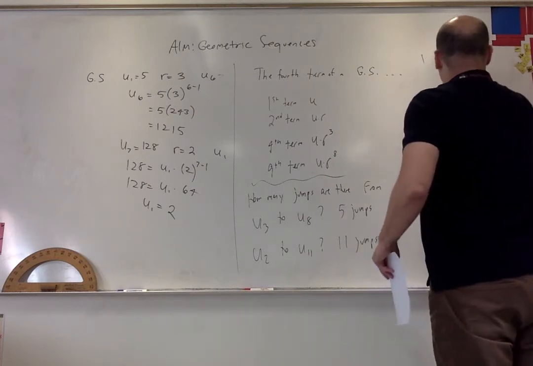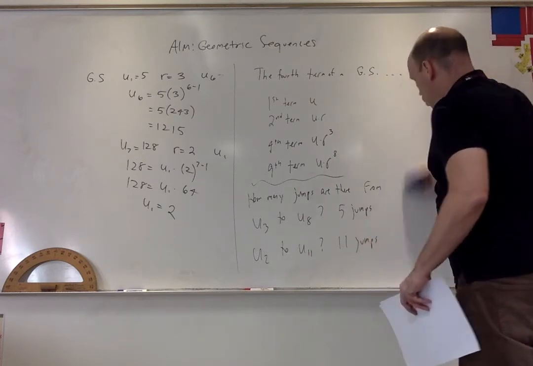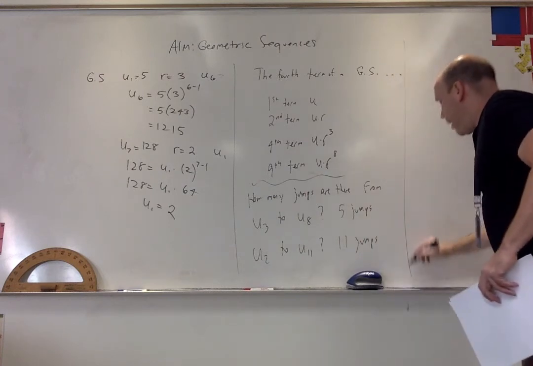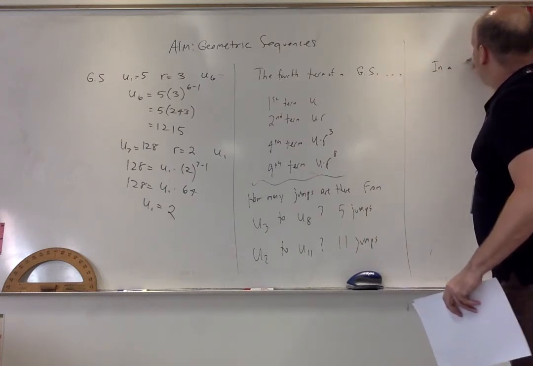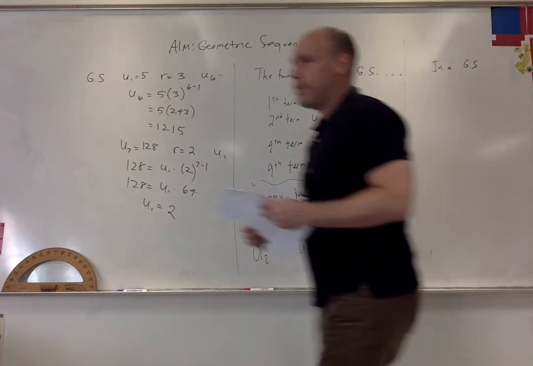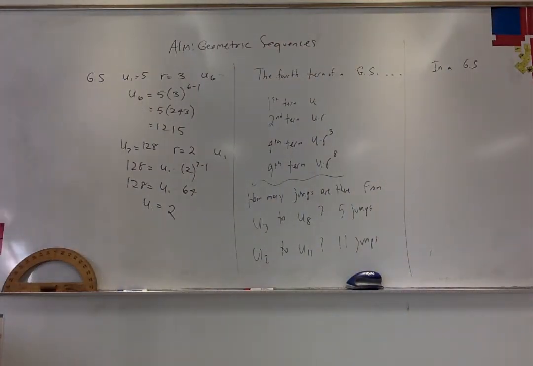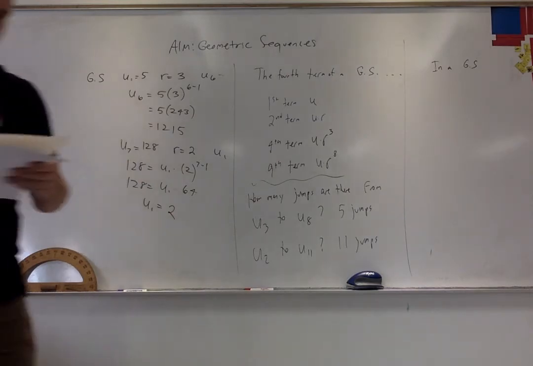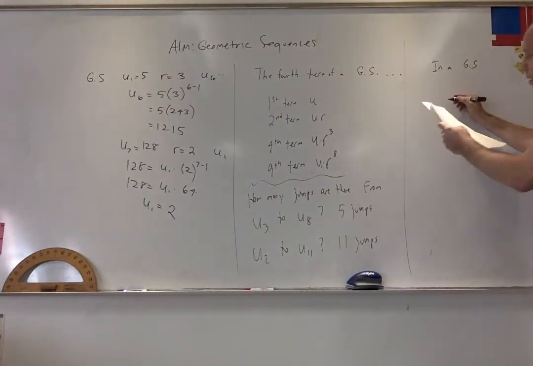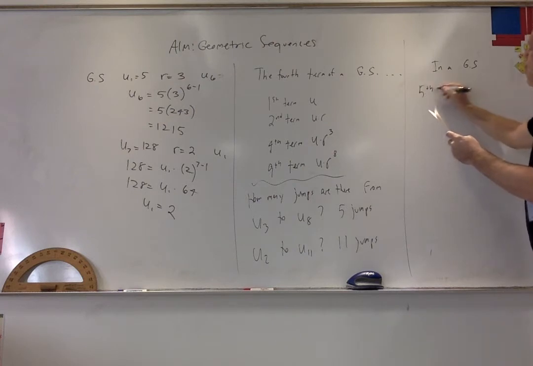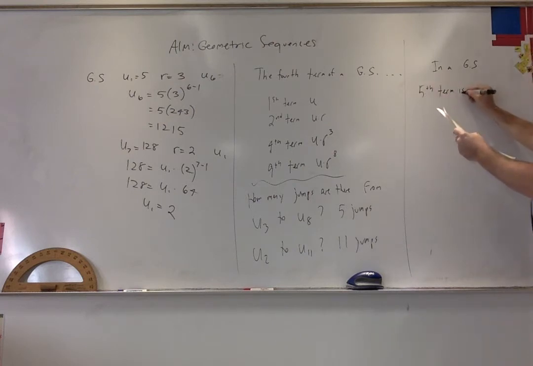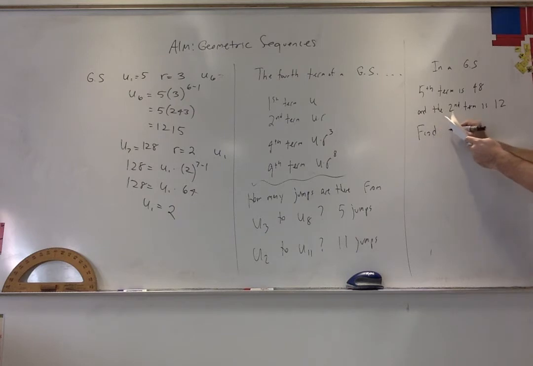So, if you're told that in a geometric sequence, the fifth term is 48, and the second term is 12, find the common ratio.